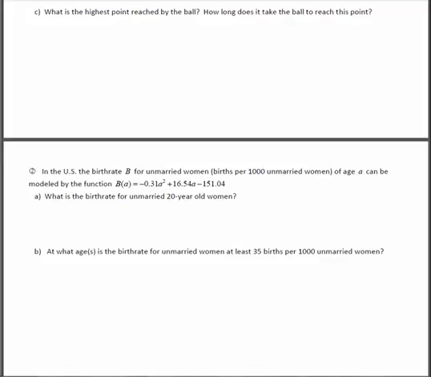The last part of this problem asks us to find the highest point reached by the ball, and then determine how long it takes the ball to reach that point. Well, if I just draw my sketch one more time here, the highest point reached by the ball is really the vertex. And we know how to find the vertex of a quadratic function.